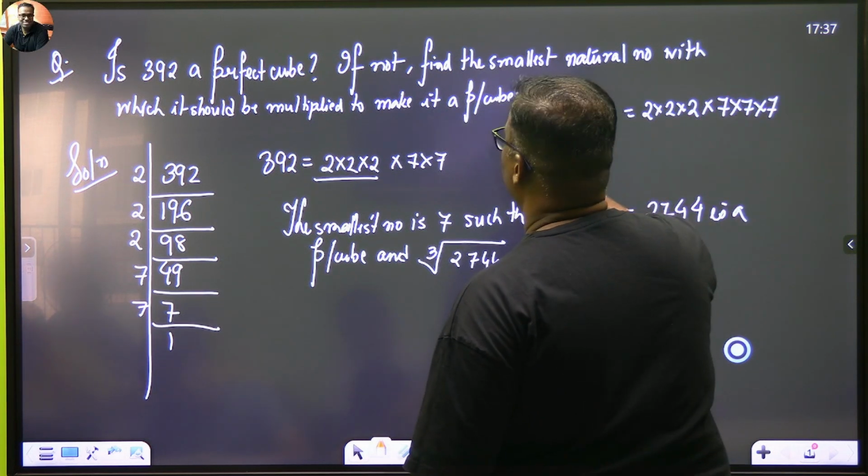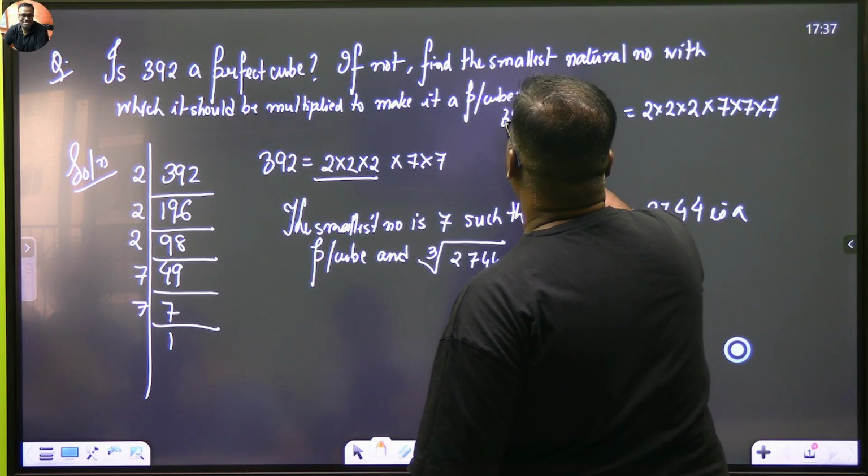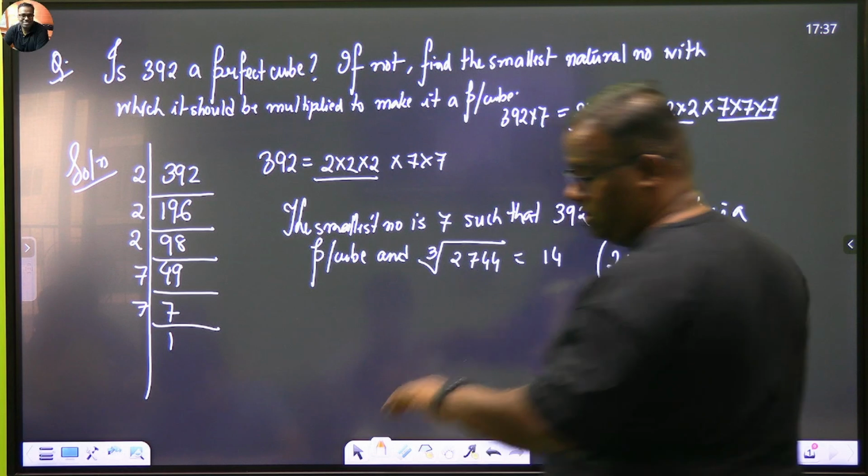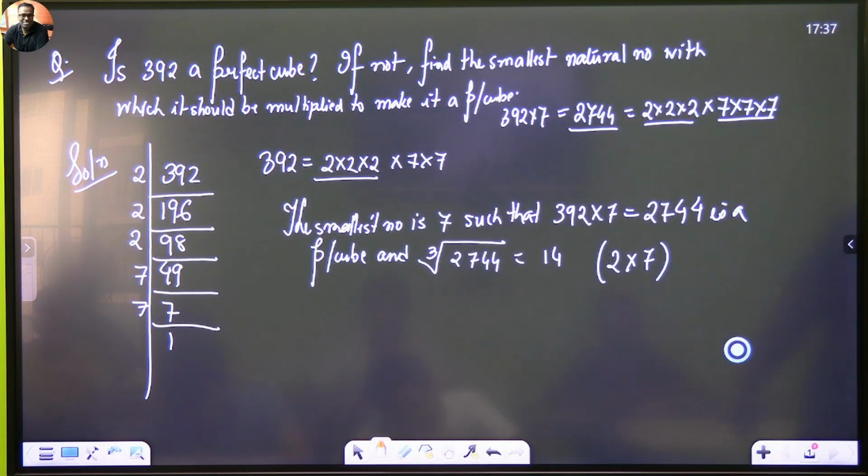And 2744 is nothing but 392, the given number, multiplied by 7. So for each triplet, we take one member. Have you understood now? Okay.